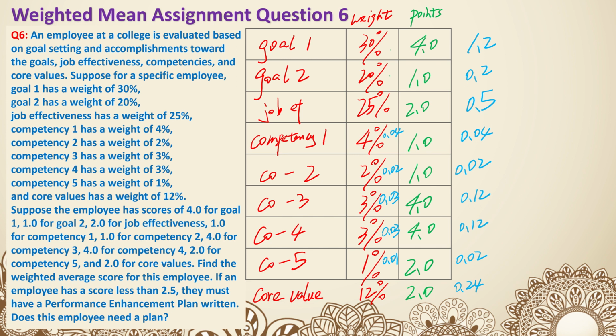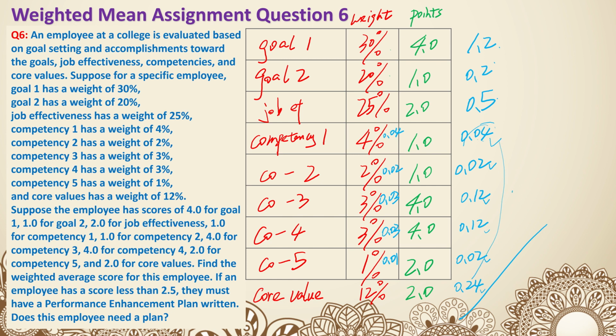Then we're just going to add them all together. So that is 1.4, and then you have 1.9. Let's add all of these that have 2 digits. So that's 0.04, 0.02, 0.12, 0.12, then 0.32, plus the 0.24, that is 0.56.